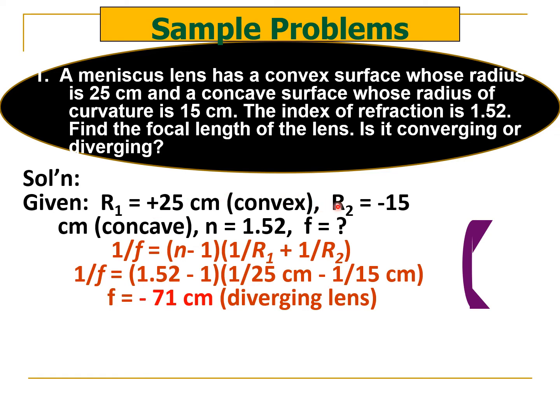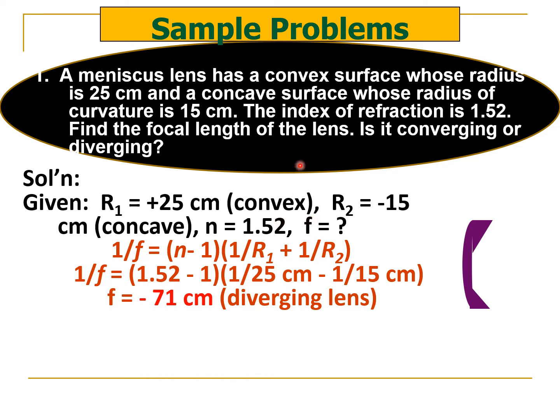And the other radius, which is a concave surface, has a value of 15 centimeters. But since it's concave, we put a negative sign for its radius, equal to negative 15 centimeters.